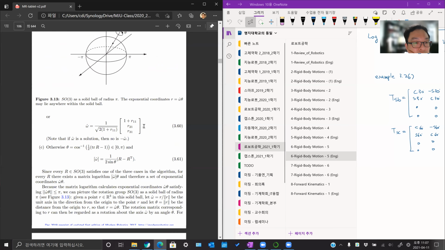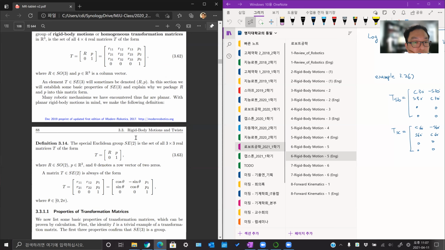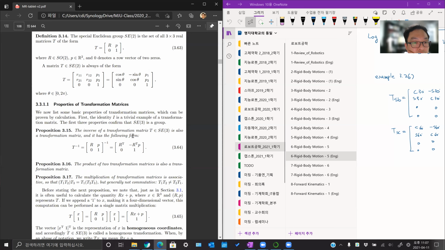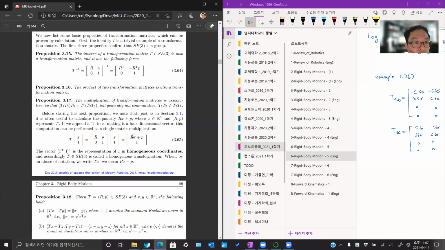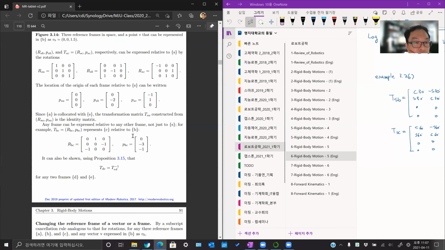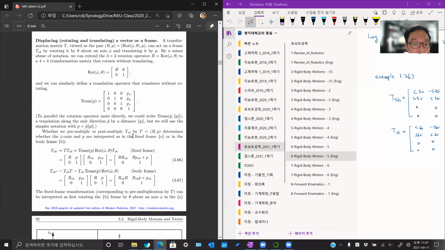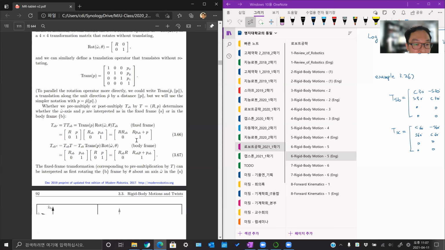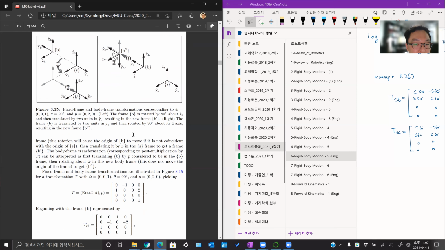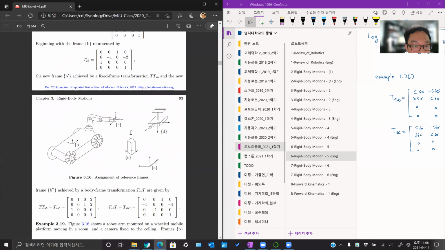And in case of homogeneous transformation, we can also calculate the exponential coordinate. In case of homogeneous transformation, there is pre-multiplication, and post-multiplication, and there is relative transformation and absolute transformation.